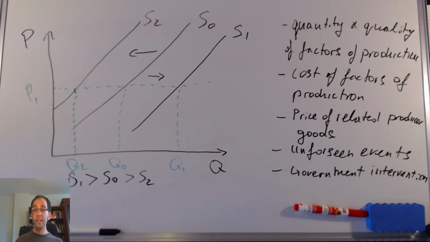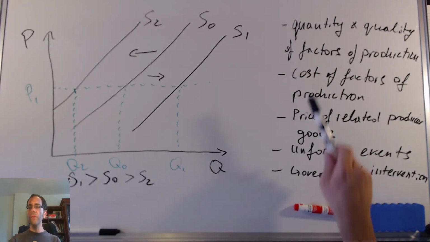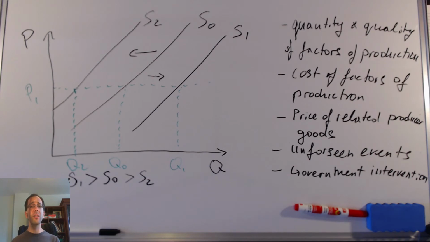So when would supply decline? Well, if the quantity or quality of factors deteriorates, for example, the available resources are harder to find, or maybe people are leaving the country, or the educational level is deteriorating for some reason, that should decrease the supply.